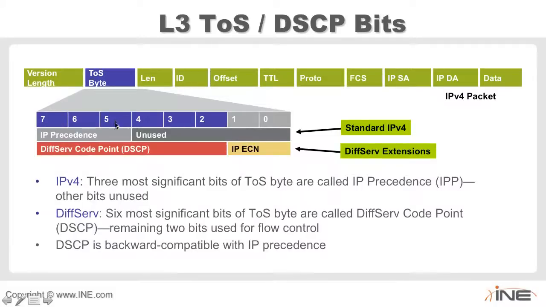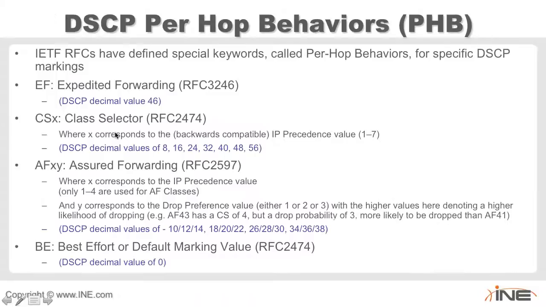Then we're also going to talk about something called assured forwarding. Note that the DSCP decimal values are things like 8 for CS1, 16 for CS2, 24 for CS3. Well, you might say, wait a minute, 24.